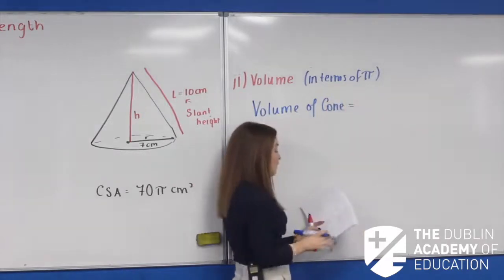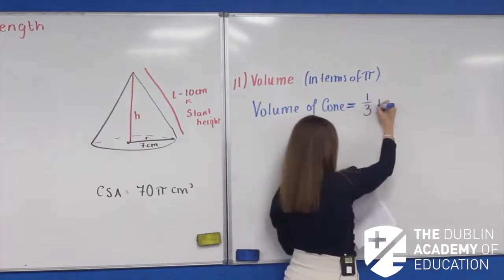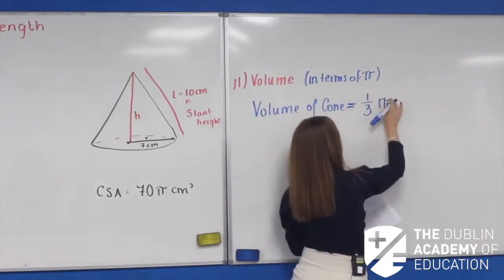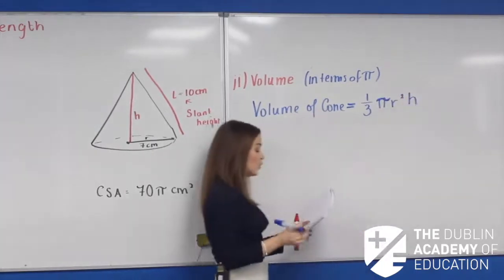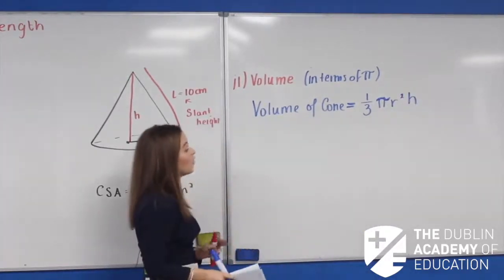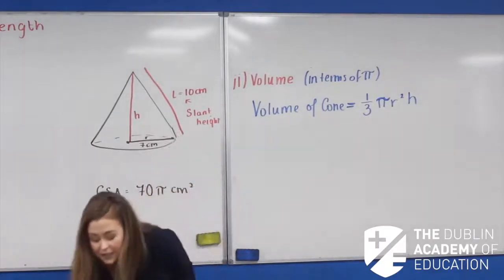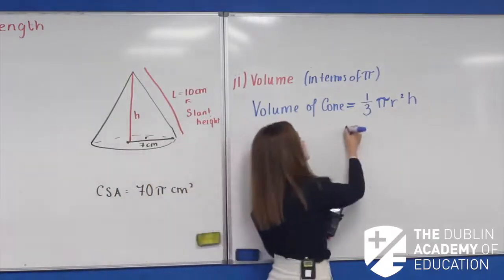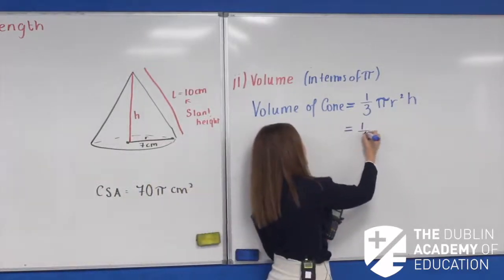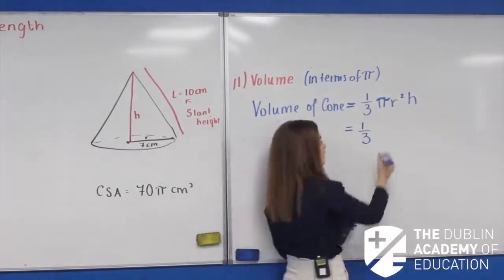Volume of the cone is 1 over 3 pi r squared h. Now, I can start filling that in straight away if I want. So 1 over 3, nothing to fill in there. Pi, it says leave it in terms of pi, so I'm just not going to do anything there.